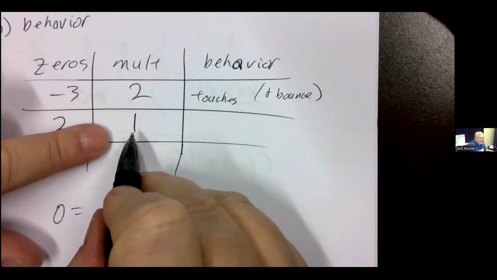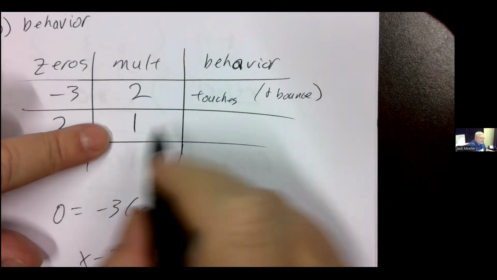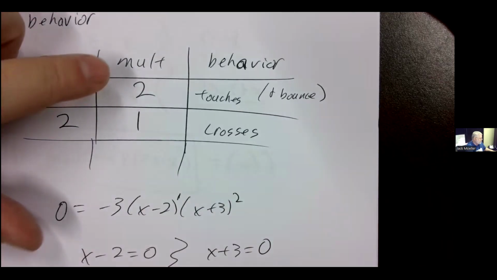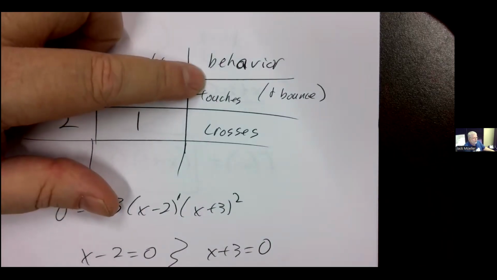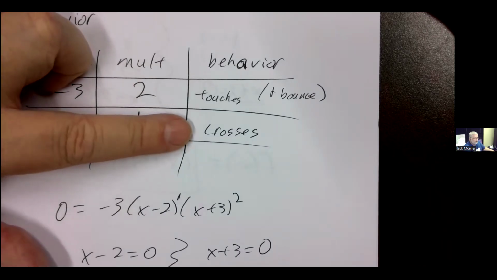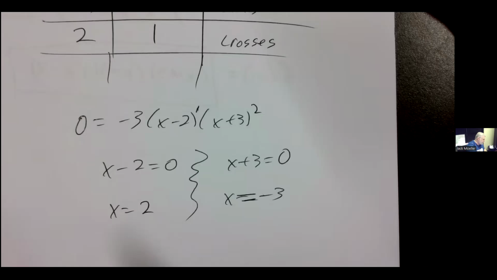If it's odd, it acts like a little S shape at the intercept, and so then it's going to cross the x-axis. So even multiplicity tells us the graph touches right at the x-intercept. Odd multiplicity tells us it crosses. Now let's go ahead and answer all these on paper before we go to MATLAB.